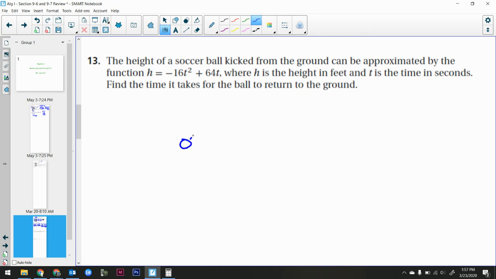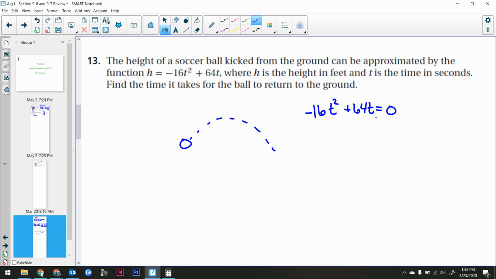So here's my soccer ball, a big soccer ball, kicked from ground level, can be approximated by this function: -16t squared plus 64t is equal to the height. Now, find the time it takes for the ball to return to the ground. What height is the ball when it's on the ground? The height is 0. I want to know when this function equals 0.